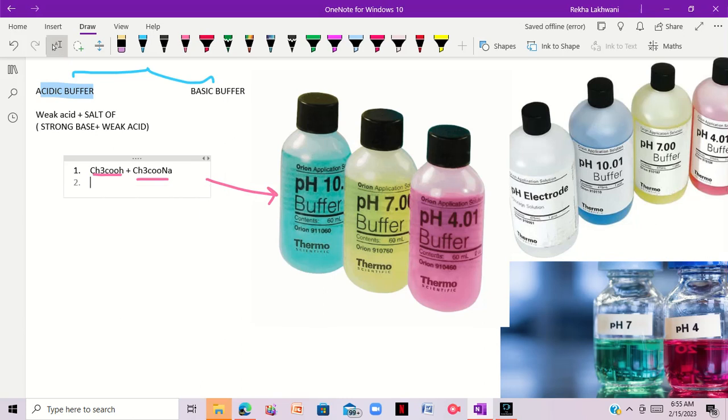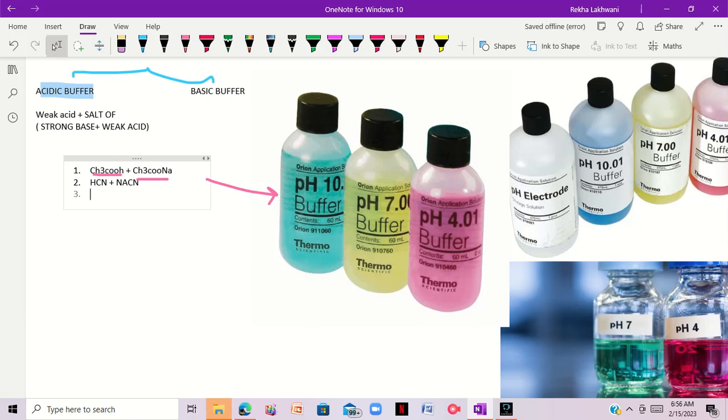Let's have hydrogen cyanide, which is a weak acid, and sodium cyanide, which is a salt of a strong base.